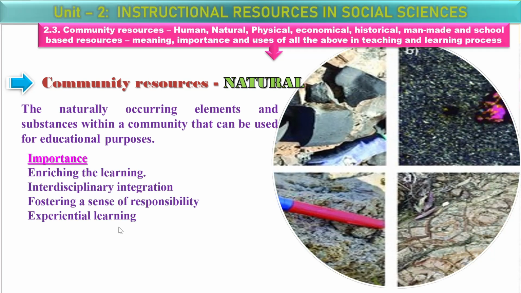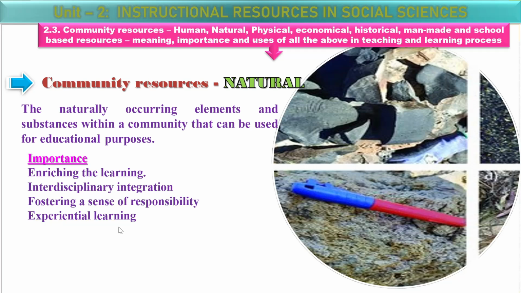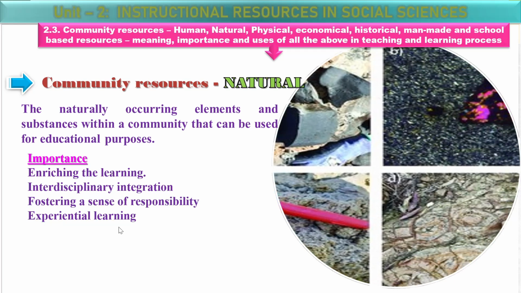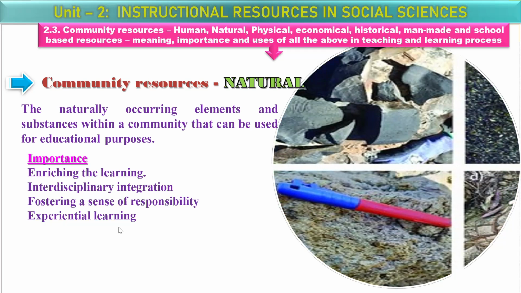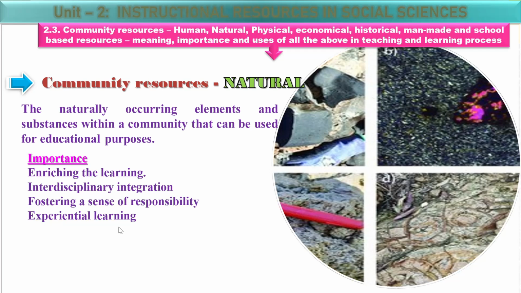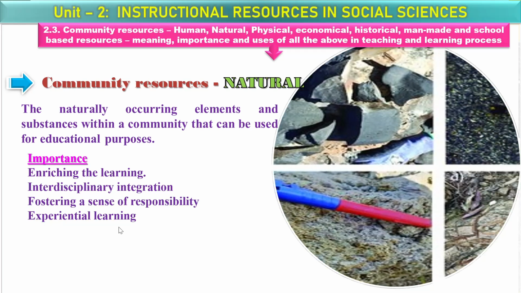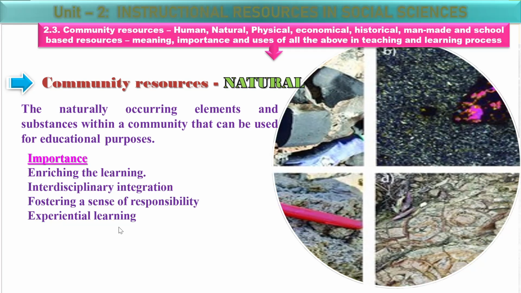Then the types of soils we come across. Today itself we had one experiment in our class. I had asked the students to collect the soil available in their area wherever they reside, not just from a pot, but from outside the home or in the garden, in the ground. They collected it, and I told them to pour water, mix it well, and keep it to rest.